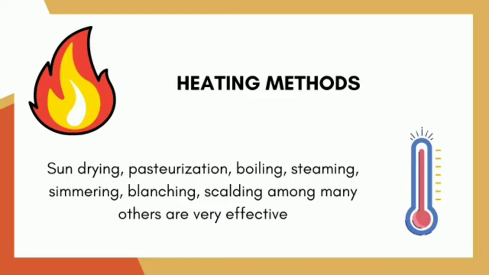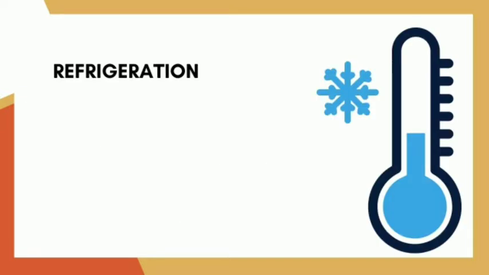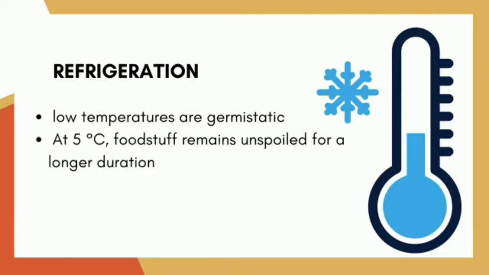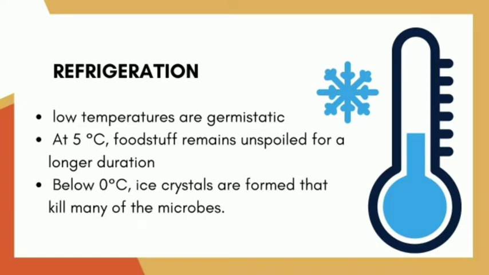The next method is use of low temperatures. We all know that refrigeration slows down the multiplication of microbes present in the food. So it doesn't kill the microbes, but it slows down the microbe, and this enhances the shelf life of the food a bit. Deep freezers are even better because there the temperature is even lower.